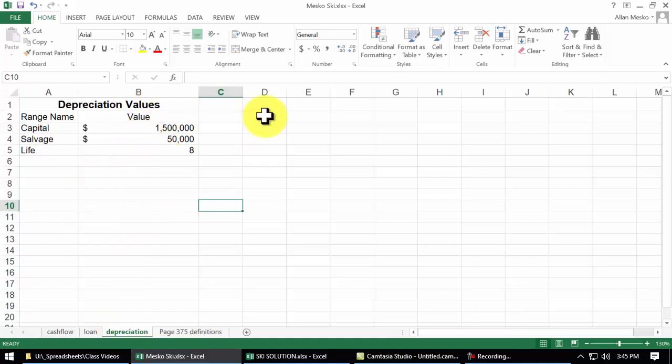So I'm going to call this cell tax rate. Actually, that doesn't name it, does it? We're going to make it 35%. It's this cell that we're actually going to name tax rate. So I'm going to name that cell tax rate, and in that way, if the tax rate changes, I just change it here and all my formulas update.